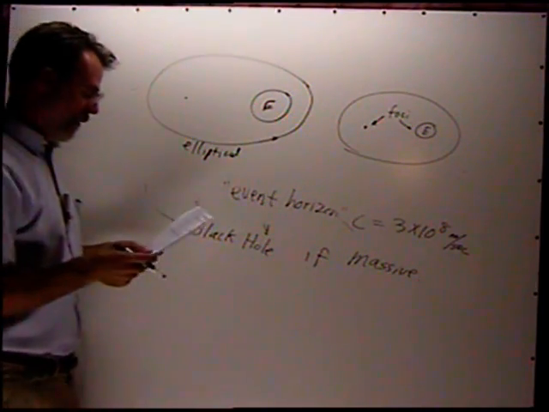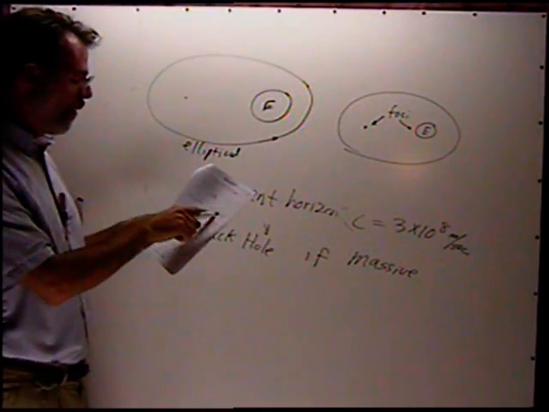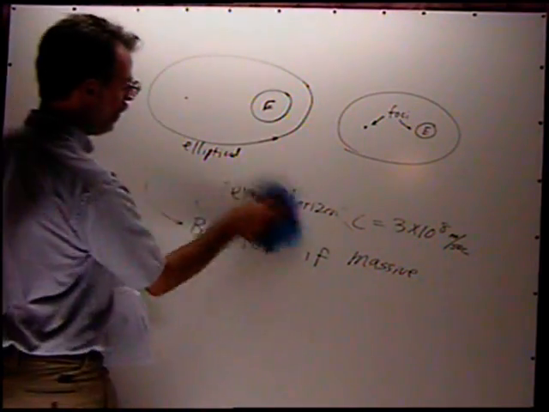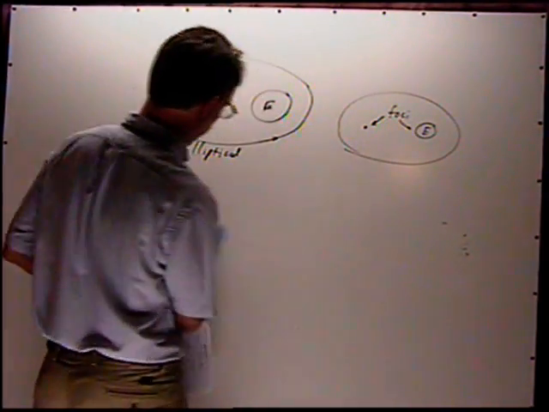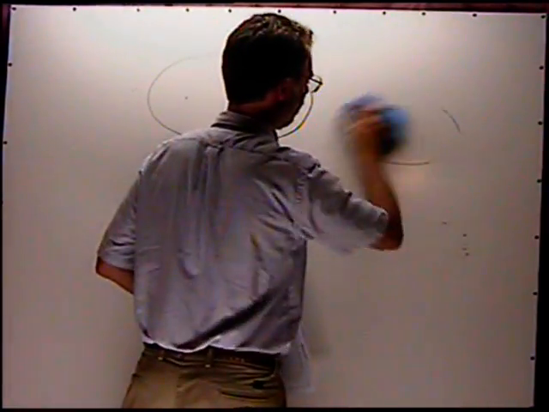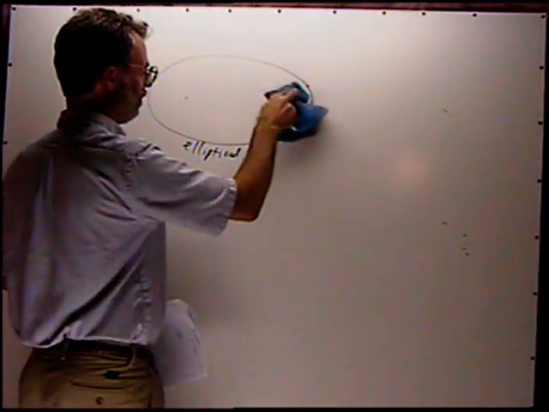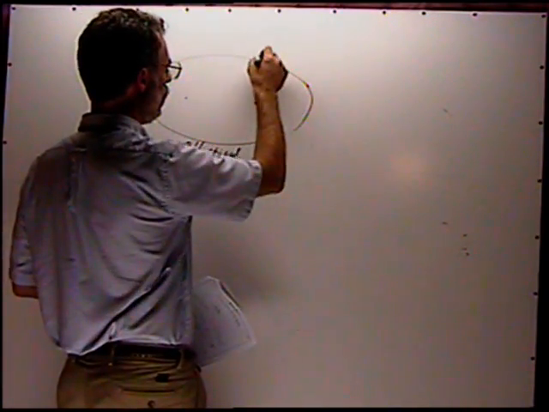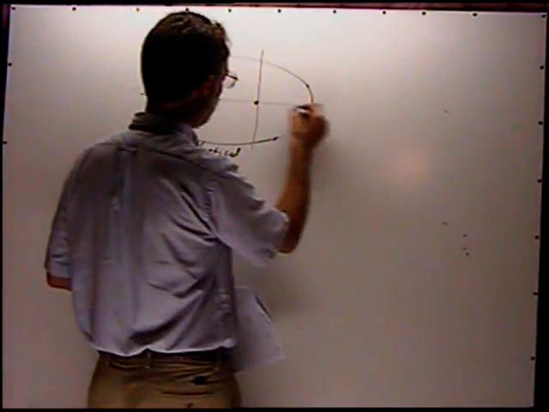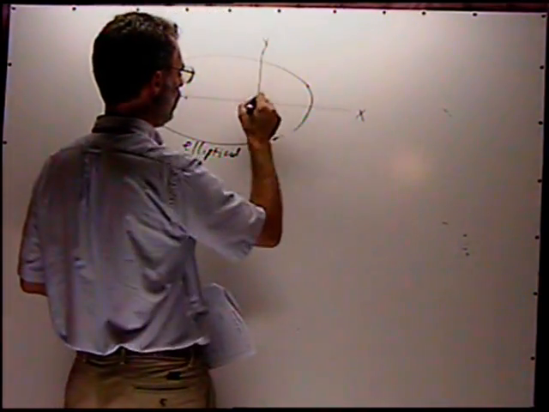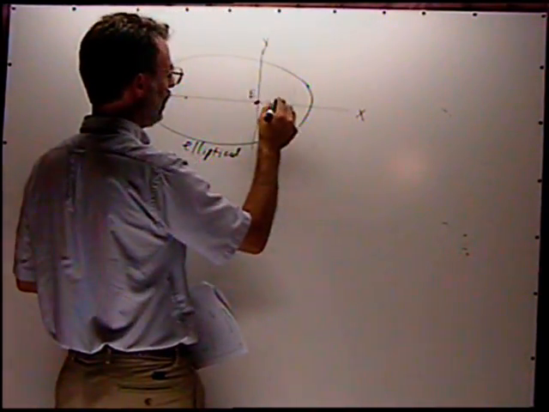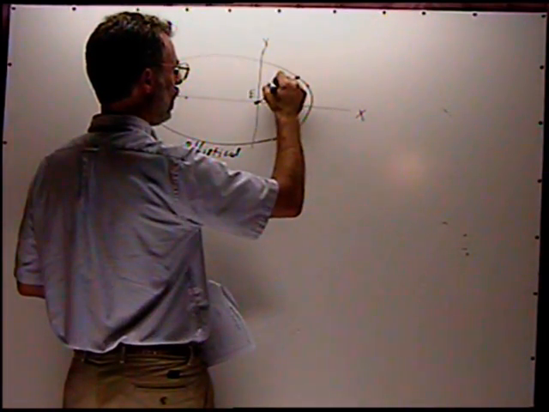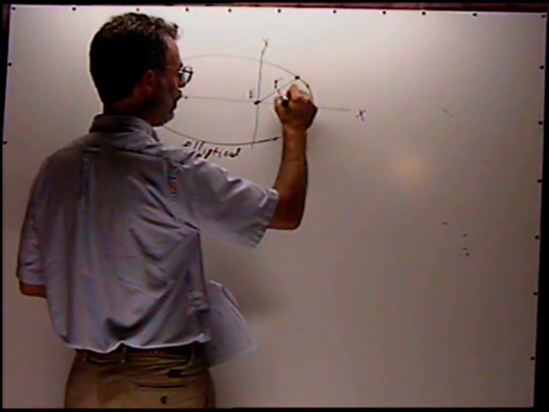And what I do is I give you the equation in polar coordinates. Now, hopefully you all know what polar coordinates are. Suppose we put an x-axis and a y-axis right at the Earth, and we look at r and theta.